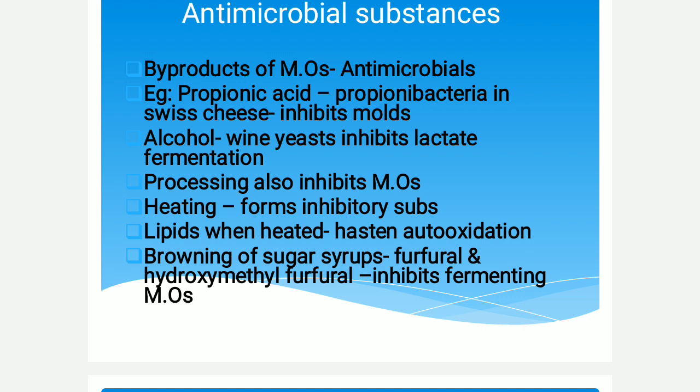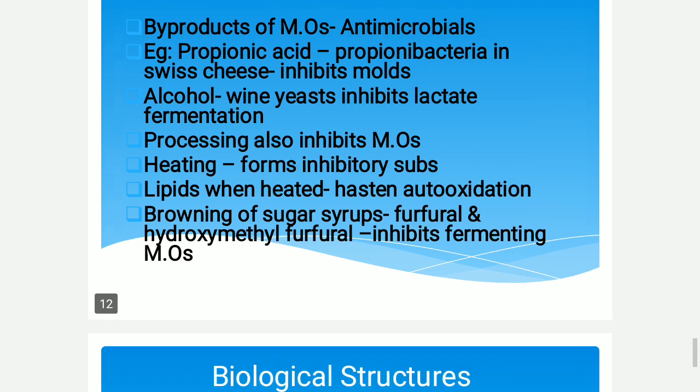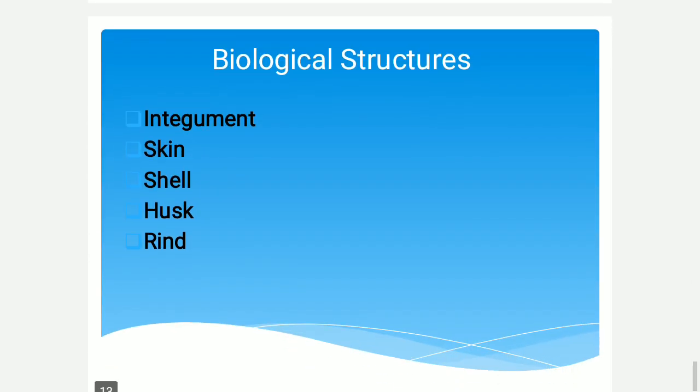Browning of concentrated sugar solutions, syrup, may result in the production of furfural and hydroxymethyl furfural, which are inhibitory to fermenting organisms. So there are many: the processes we use, the protocol we use to prepare our food, the spices we use, all these as a package will take care that your food is not infected or contaminated by microorganisms. In spite of that, if we are getting any infection, that is God's gift, right?